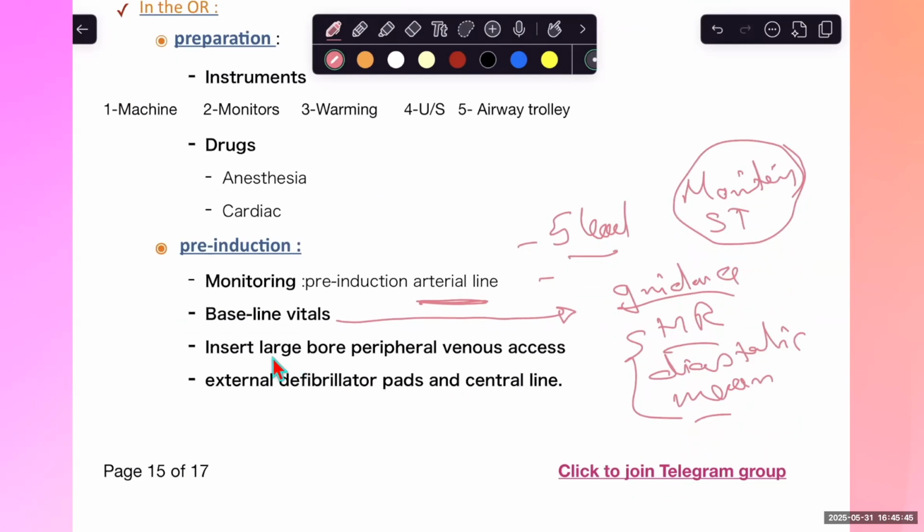Before induction, make sure you have a large bore peripheral venous cannula, or even if the patient has low function, it's better to put a central line before induction. And prepare external defib because such a patient, particularly, will not tolerate any arrhythmia.